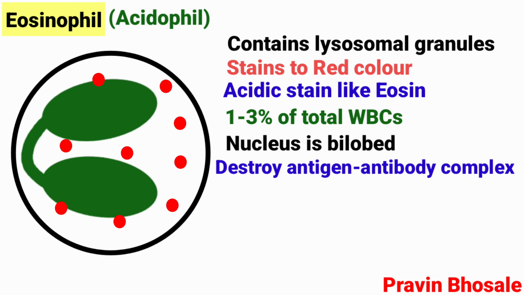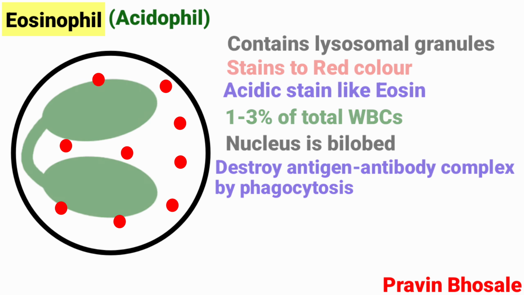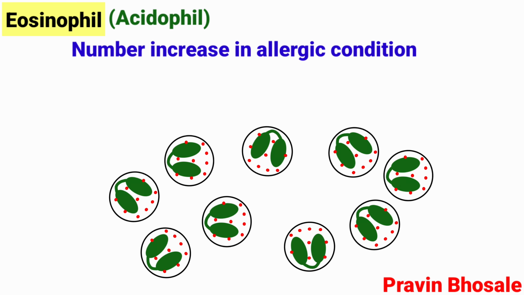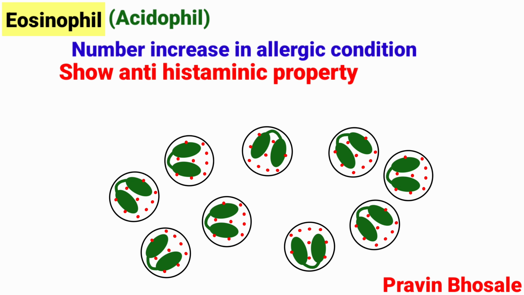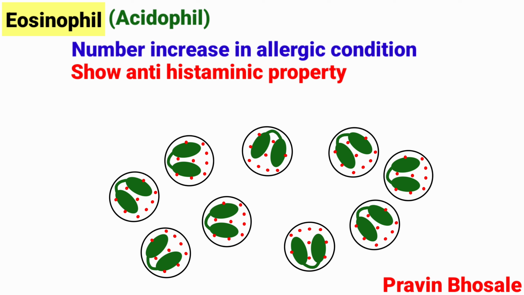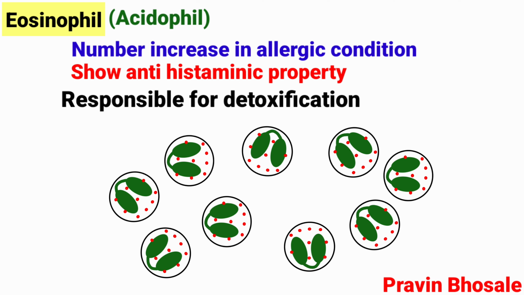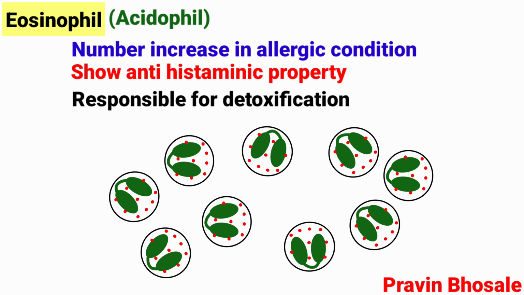They destroy antigen-antibody complex by phagocytosis. Their number increases in allergic conditions and they show antihistaminic property. They are also responsible for detoxification as they produce antitoxin.